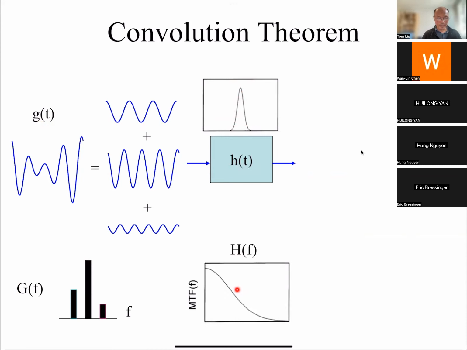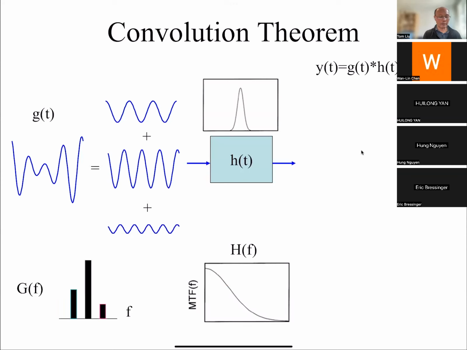And that's going to have some Fourier transform like this, which is going to modify these input frequencies. And so you can sort of see that if I have this, it's going to be multiplied by this. If I have this, it'll be multiplied by this. This will be multiplied by that. So this is going to modulate each of those input frequencies, okay?